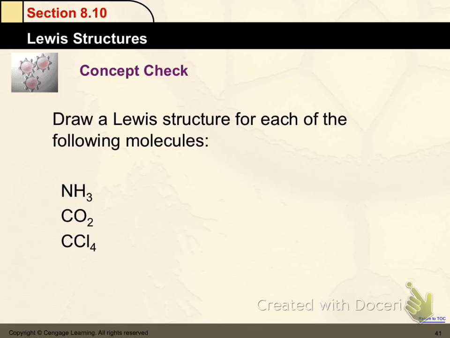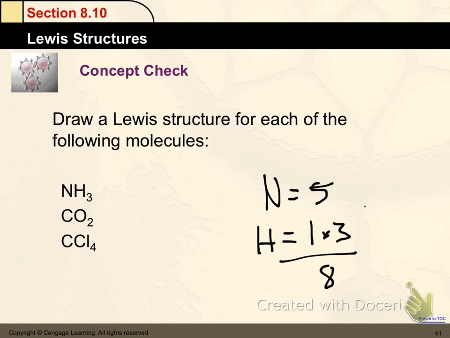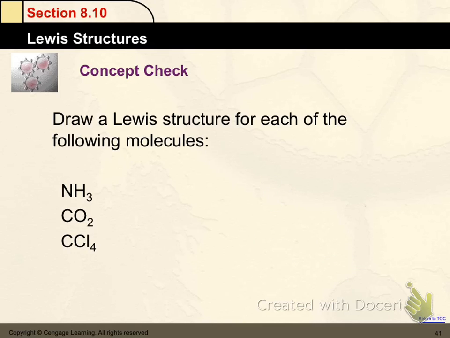All right. Let me just show you the ammonia. So you've got nitrogen. Okay, how many electrons total? Let's see, nitrogen's got 5. Each hydrogen has 1, and we have 3 hydrogens, so let's do the total there. I think that's 8 electrons. Now, centrally bonded atom. Which one's in the middle? Well, it's usually the one that's least abundant, and in this case, that is going to be nitrogen.